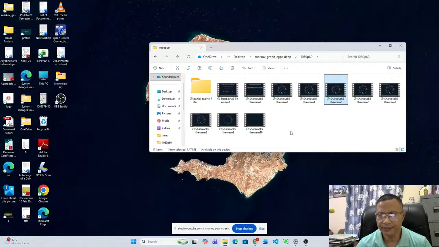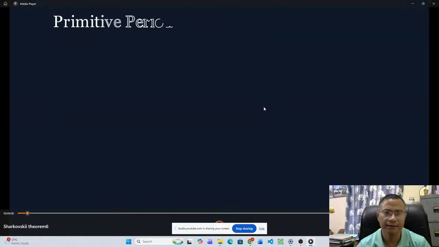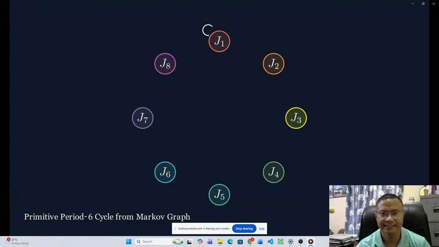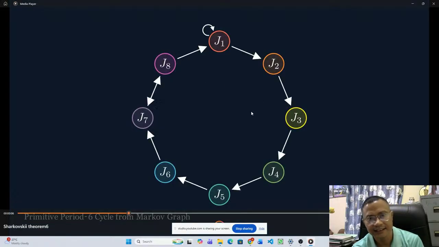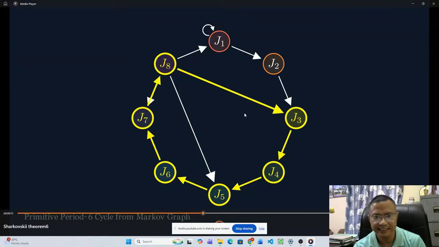That means we are going to find a primitive cycle of length 6 in the Markov graph. Let us go back to the Markov graph again. We have to search for a closed path of length 6. In this yellow highlighted part, you can count the arrows 1, 2, 3, 4, 5, 6, from J7 to J8, not from J8 to J7.